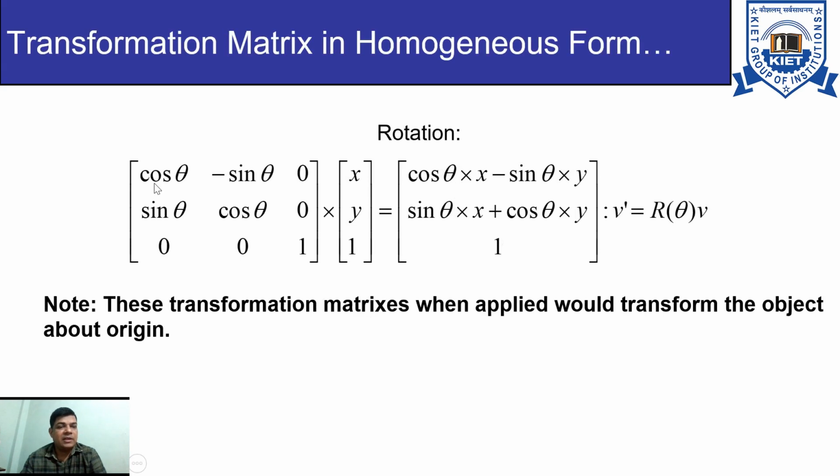In a 3 by 3 matrix it becomes cos theta, minus sin theta, 0, sin theta, cos theta, 0, 0 0 1. When you solve this, the x dash coordinate becomes x cos theta minus y sin theta, and the y dash coordinate becomes x sin theta plus y cos theta.